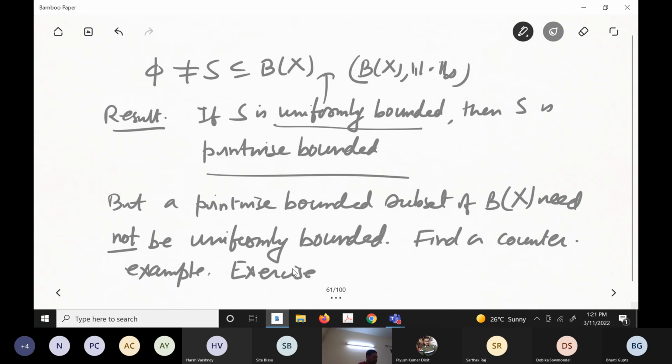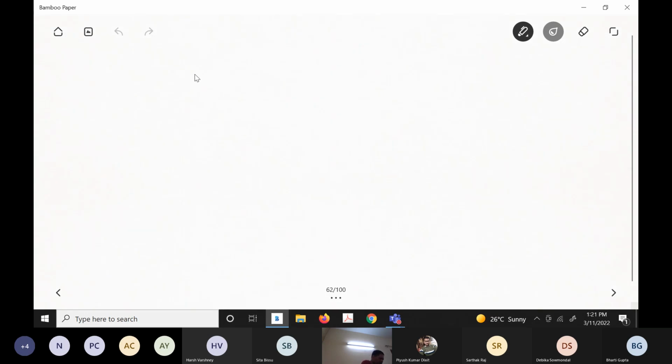But more than that, the related question is when pointwise bounded will imply uniformly bounded. That means if you take C(X), continuous functions, and S is pointwise bounded.